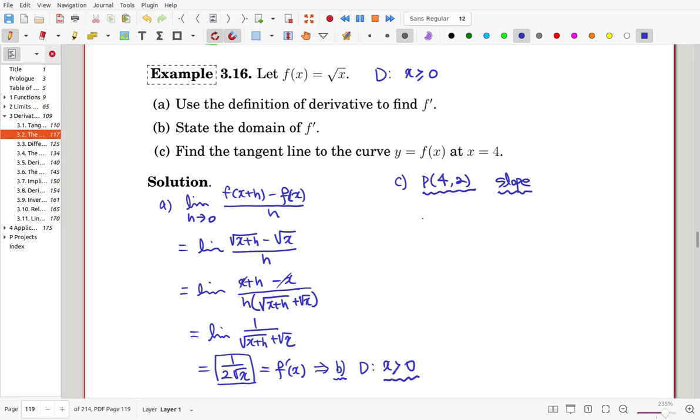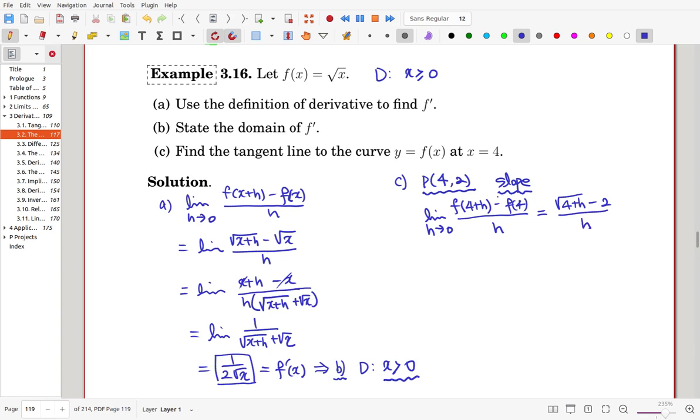Now by using the definition, we can get the derivative at the point, which is the same as the limit as h approaches 0 of (f(4+h) minus f(4)) divided by h. If we consider the quotient, that is square root of 4 plus h minus square root of 4, which is 2, divided by h.